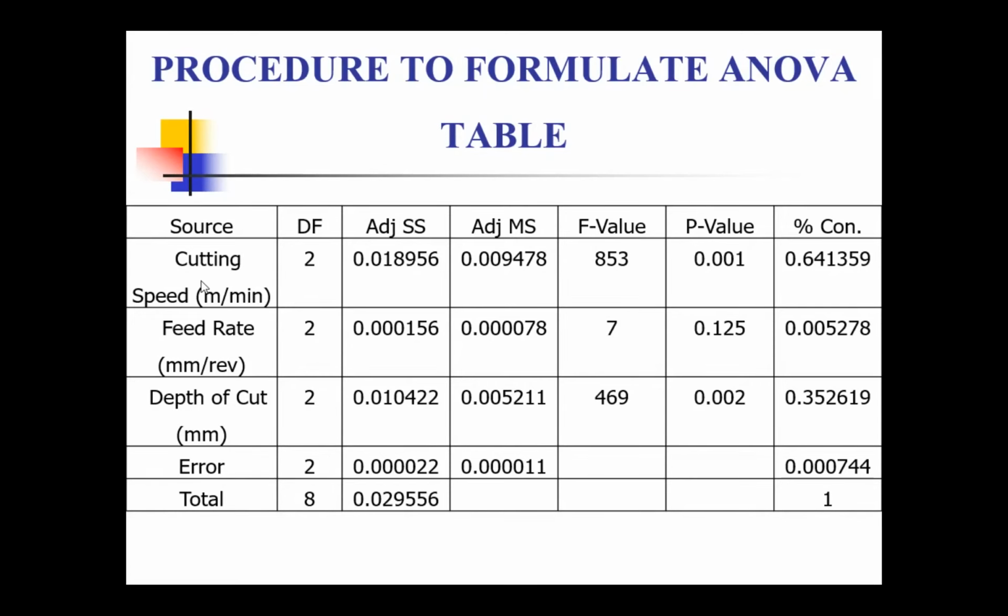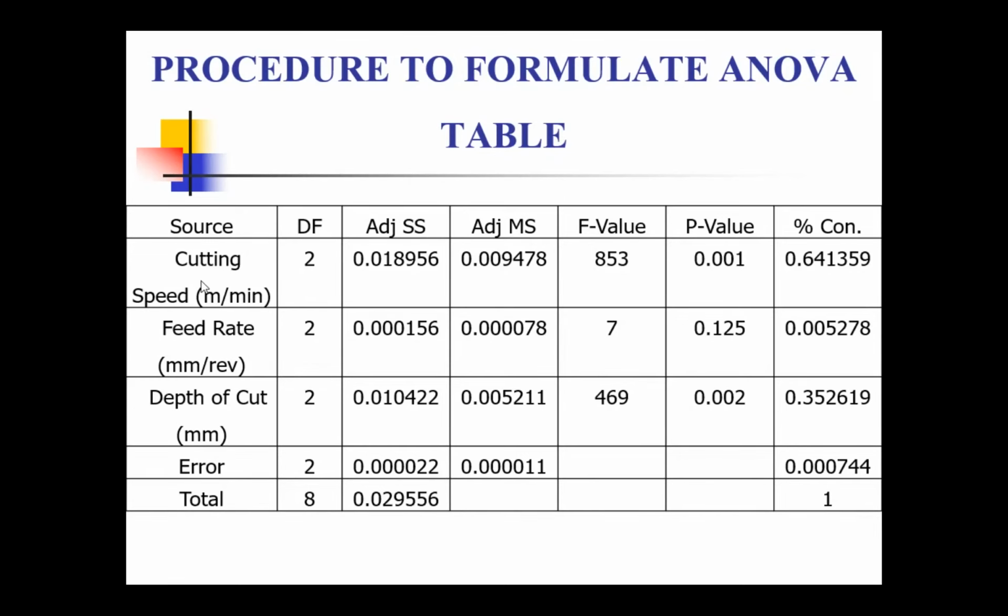Similarly for feed rate, the F value is equal to 0.000078 divided by 0.000011. Similarly for depth of cut. So the p values we will take from the statistical tables, for an alpha value of 0.05.